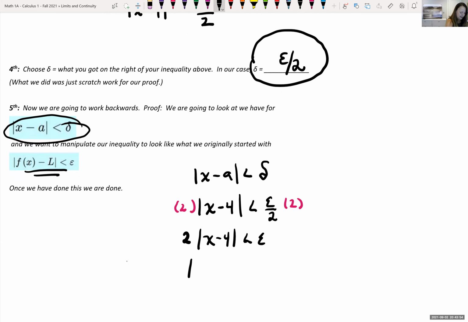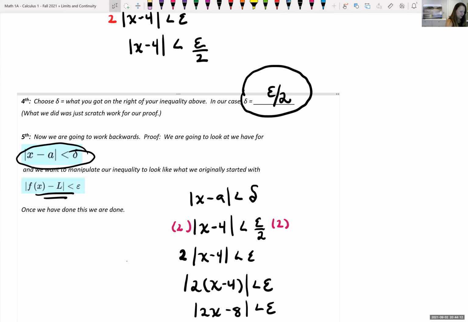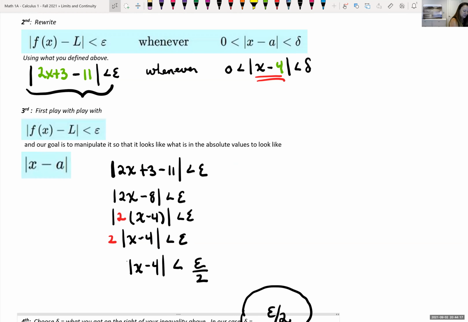So this is the same thing as the absolute value of 2 times parentheses x minus 4 is less than epsilon. So 2x minus 8 is less than epsilon. Recall, go back up and see what we're trying to make it look like. We're trying to make it look like this 2x plus 3 minus 11.